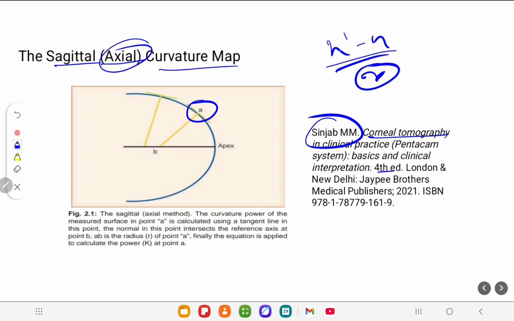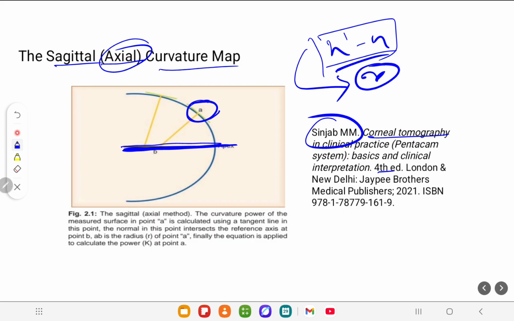n' minus n, we consider something like 1.376 minus 1, or whatever. But you need r. What is r, and how will you get that r? For the sagittal or axial curvature map, it works like this. There is a reference axis, the central black line.